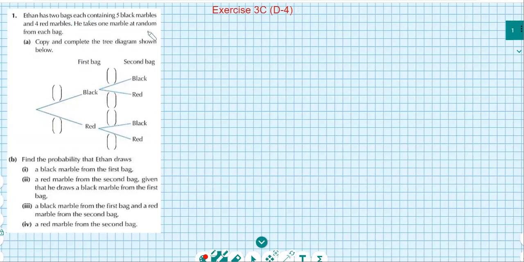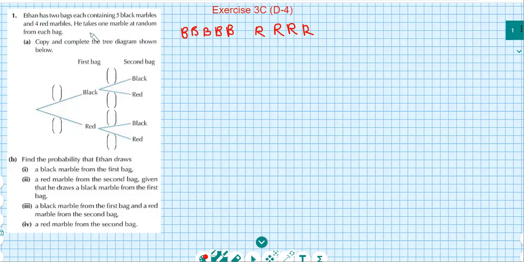Ethan has two bags, each containing five black marbles and four red marbles. So this is actually the sample space.